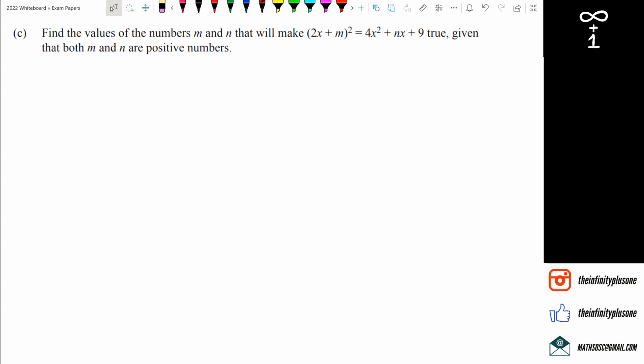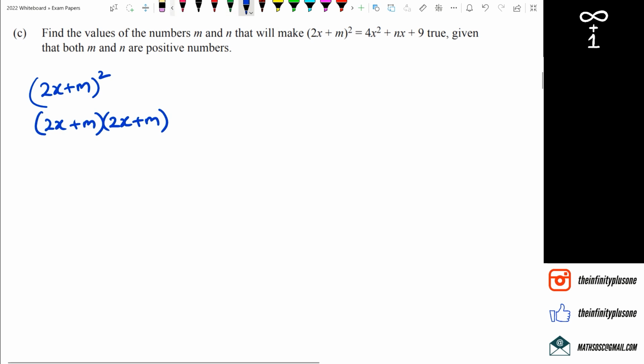So let's take the (2x + m)² first and expand it. (2x + m)² is equal to (2x + m) times (2x + m). So we do our whole FOIL, the insides, outsides, whatever.